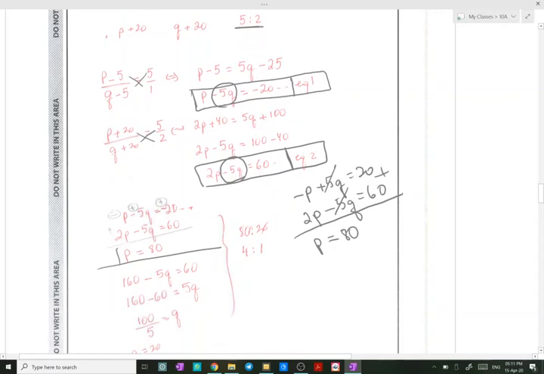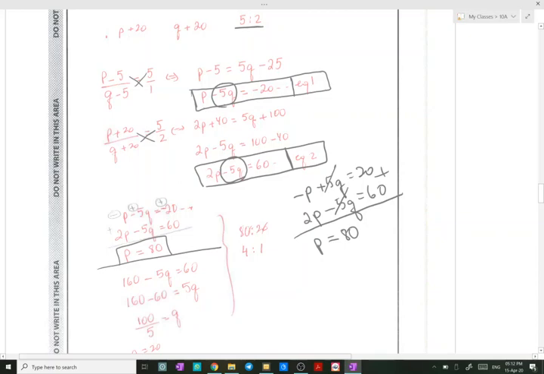Now since we found P, we need to replace it somewhere in order to find Q. So we can replace it in the first equation or in the second equation. So I've replaced it here in equation 1.